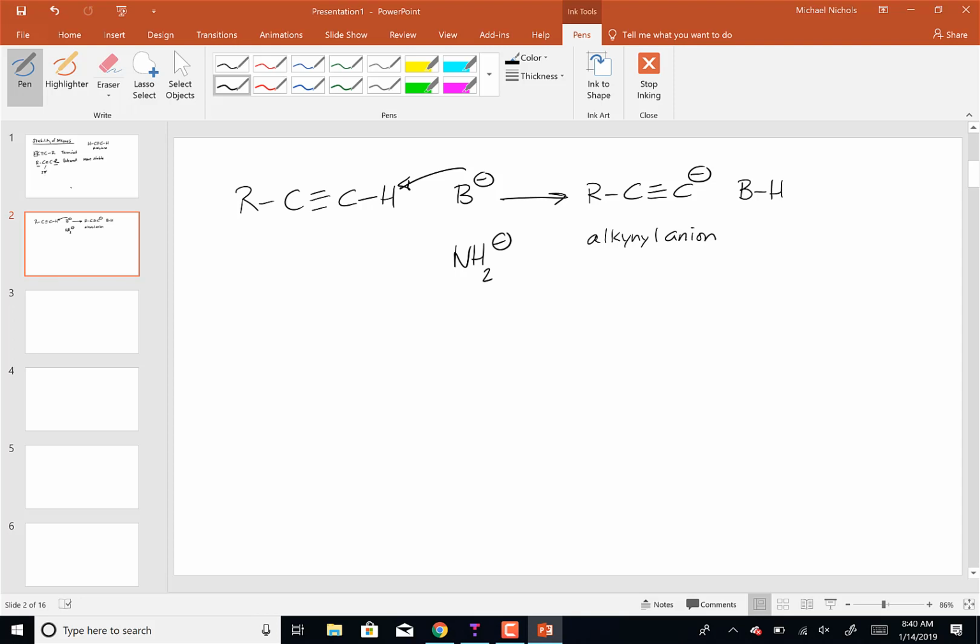When we're making our alkynyl anion, we can now use it as a nucleophile. That's my first goal. So what can I do with that? Well, I can take my alkynyl anion and react it with something like a primary halide.